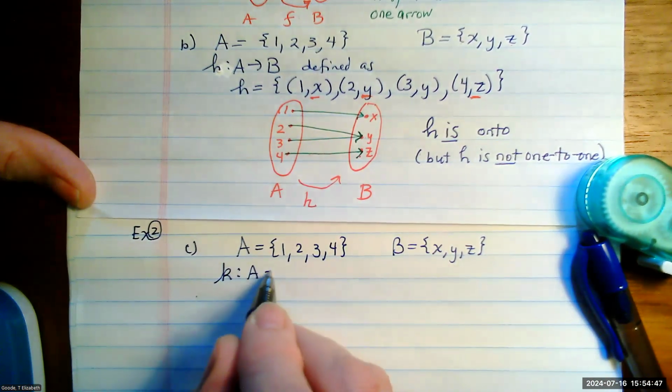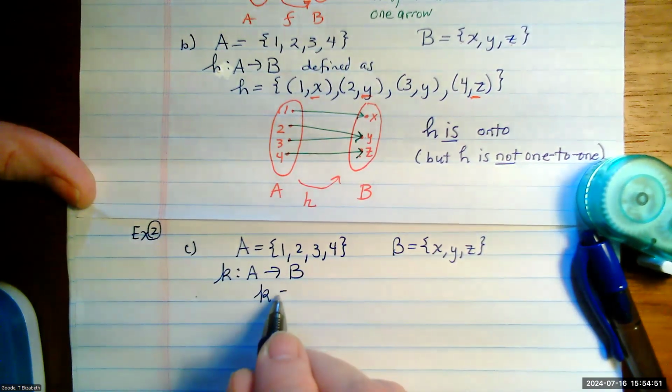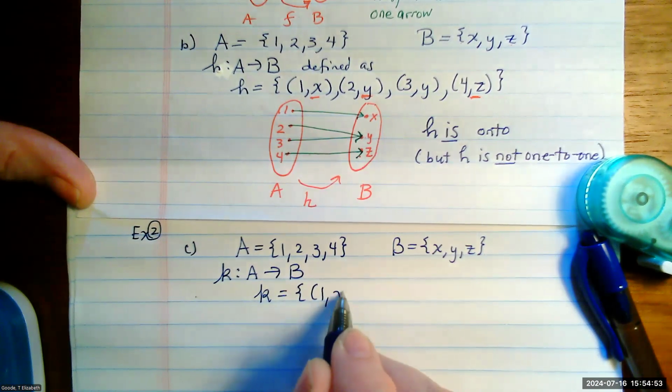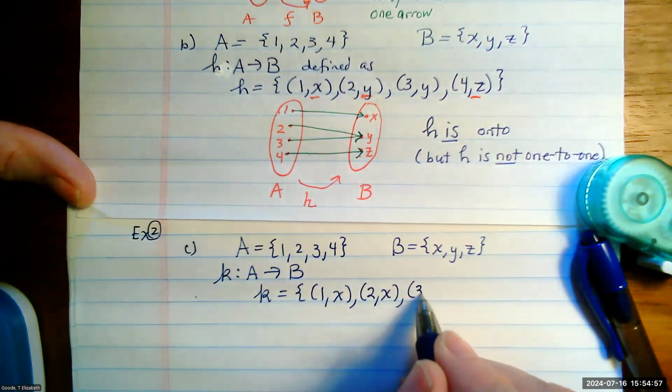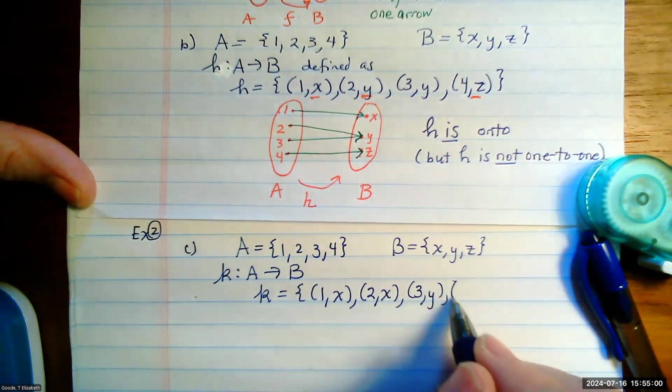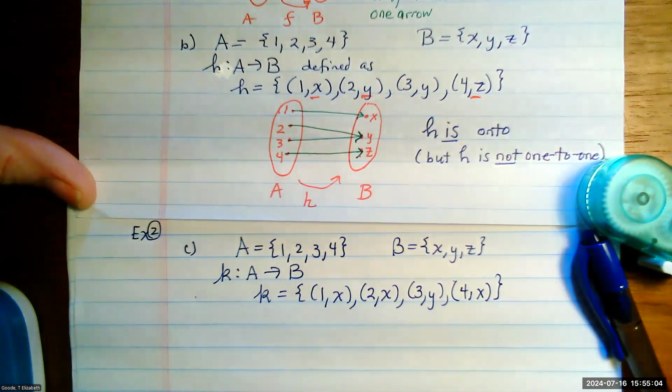K is going to go from A to B, and K is going to equal, well, let's just send 1 to X, and 2 to X, and 3 to Y, and 4 to X.